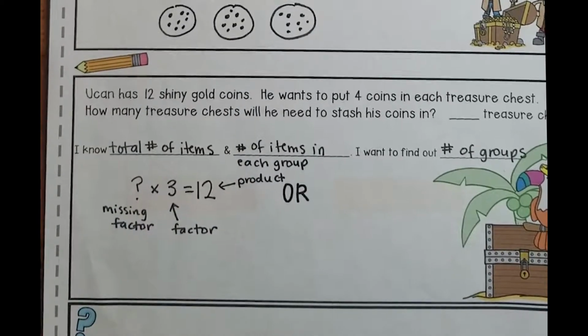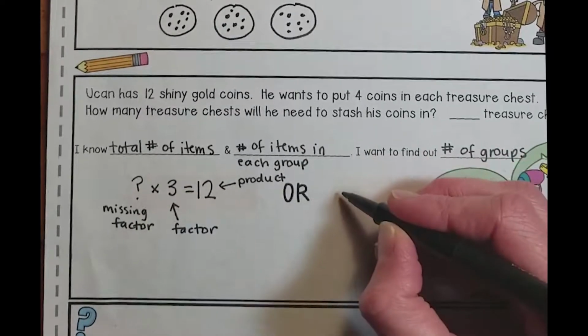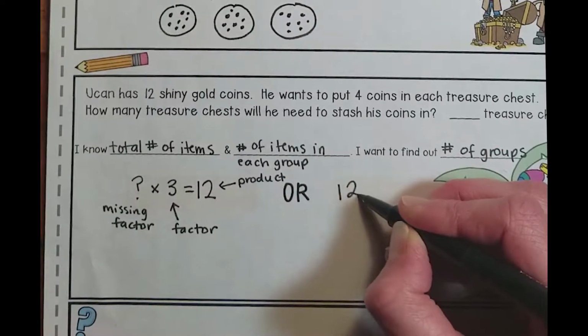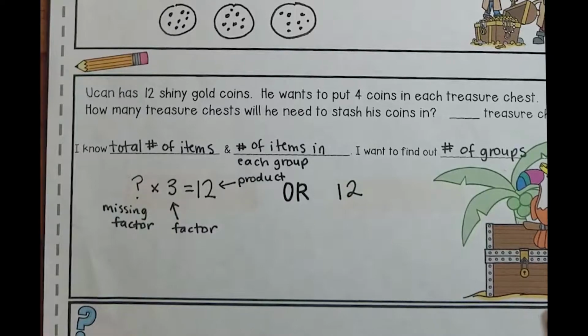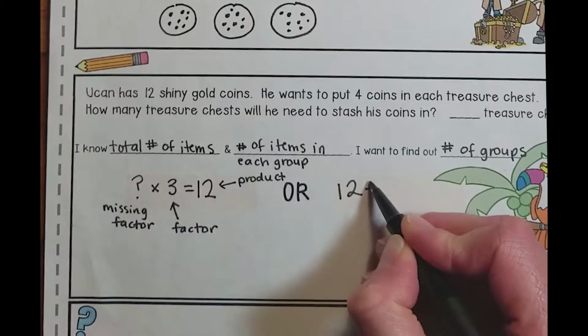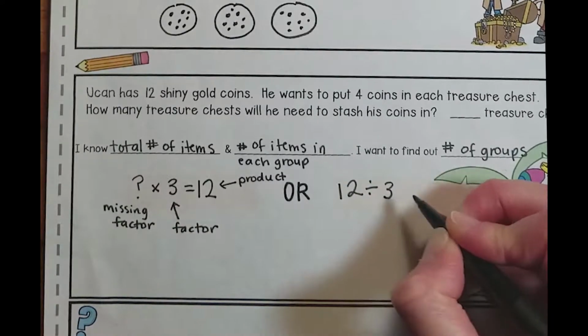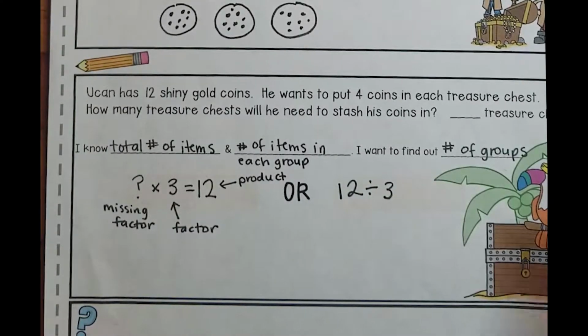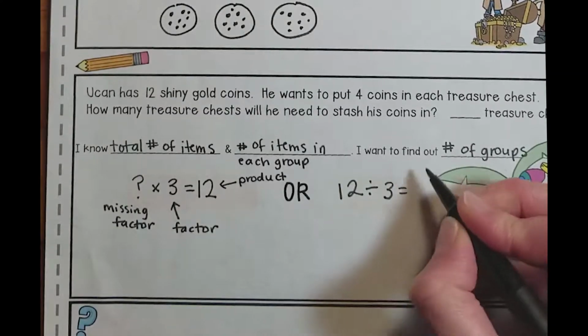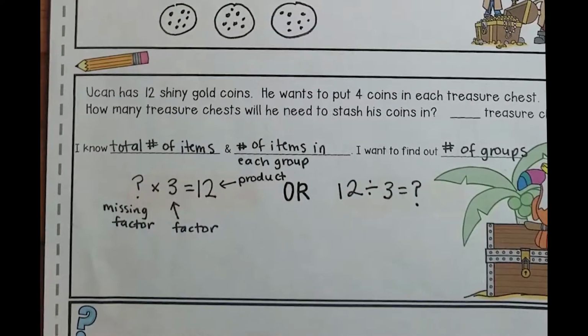Did you write down a division sentence that looked like this? Did you have your total number of items as 12? And did you need to break up that 12 into groups of 3? Were you unsure about how many groups of 3 you would have?